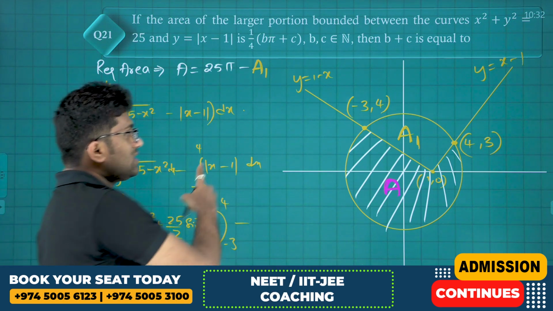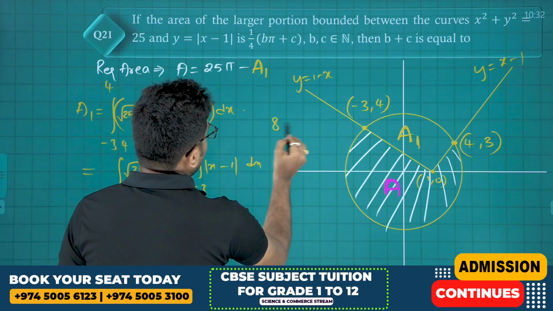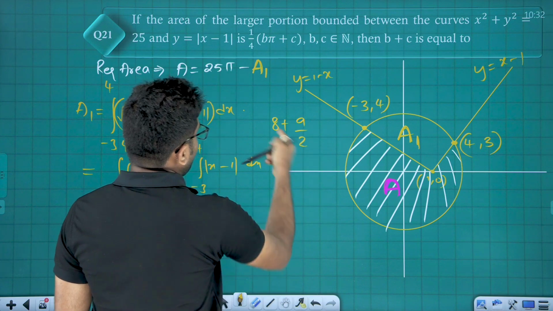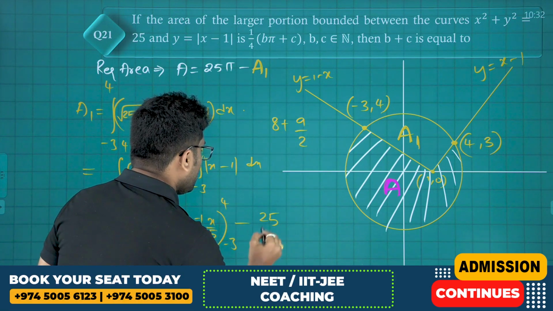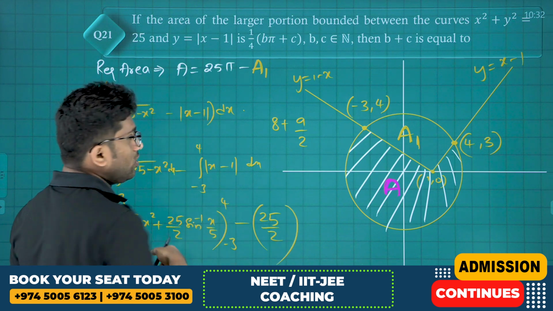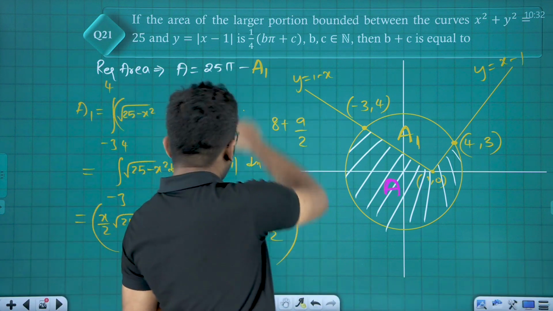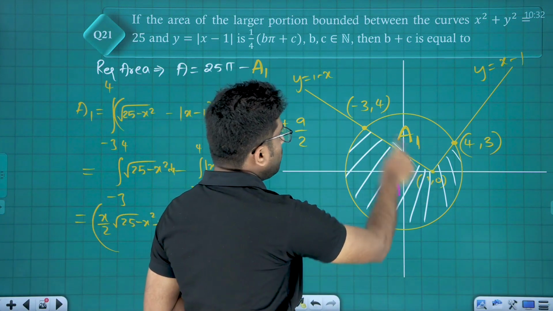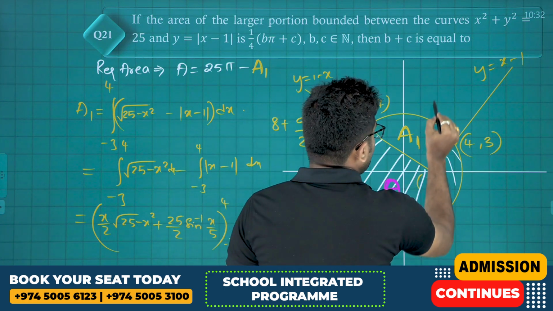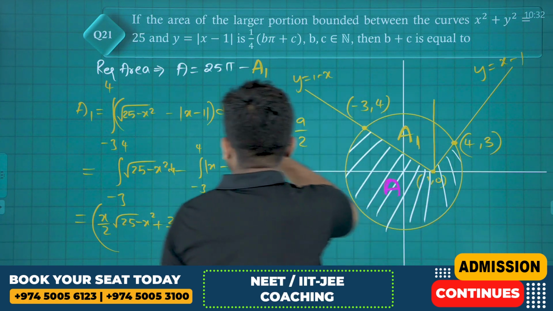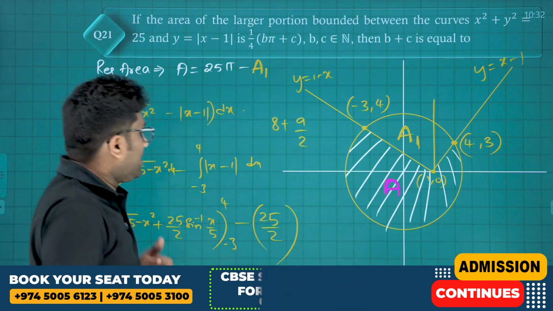Minus of this area from minus 3 to 4, which is 8 plus 9 by 2, friends: 8 plus 9 by 2, 16 plus 9, this is 25 by 2. This is simple. What do we do actually? From minus 3 to 1, it is 1 minus x, and from 1 to 4, it is x minus 1.